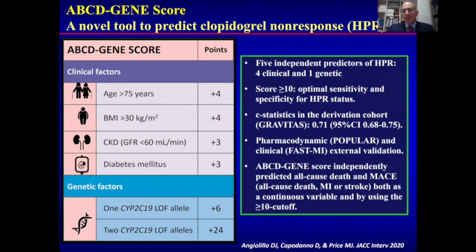This is the ABCD gene score, which integrates genetic information together with clinical information, A, B, C, and D. In other words, age, body mass index, chronic kidney disease, and diabetes, each one with an integral scoring system. And if the score is above 10, you have a very high likelihood of being a poor responder to clopidogrel. This is something that we do use in our practice now that we have rapid genetic testing assays that give you a result within 1 hour.